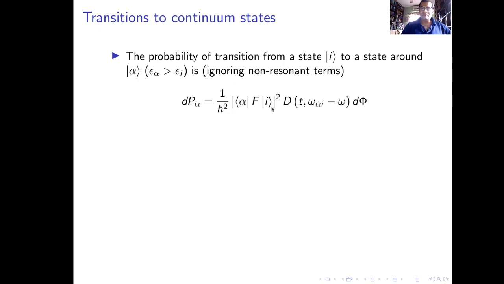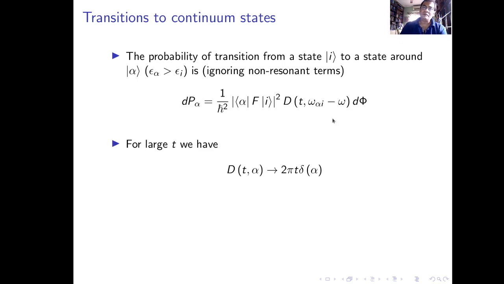Just the first term is picked off, alpha fi mod square dt omega alpha I minus omega d phi. So this is just the term that you get when you take the probability expression that we had and just use the resonant term, that is where omega alpha I minus omega is being considered.